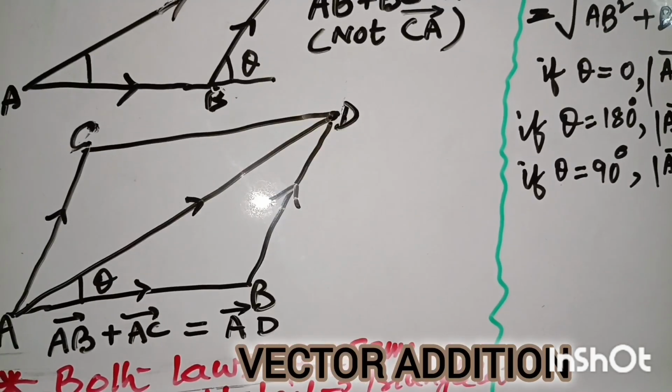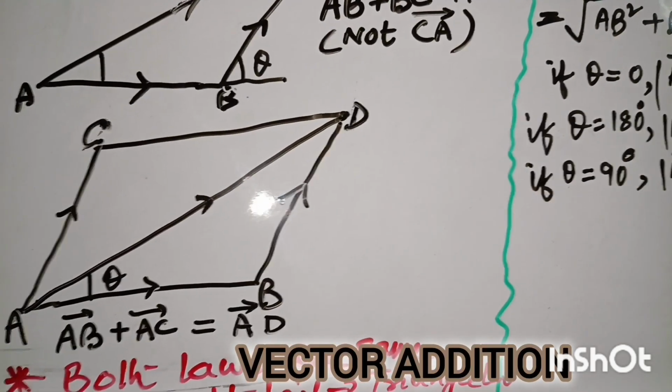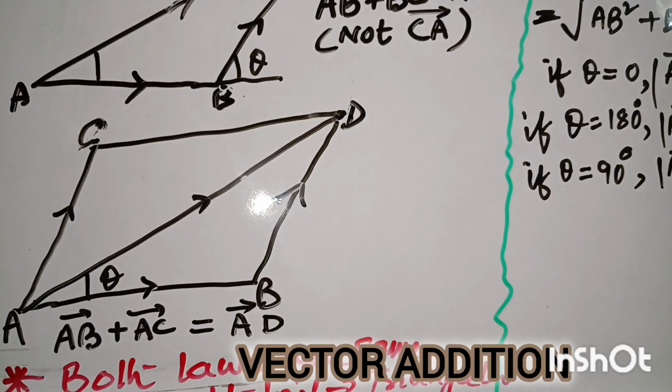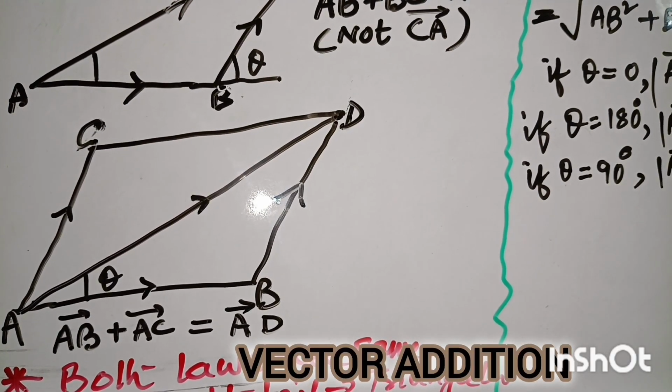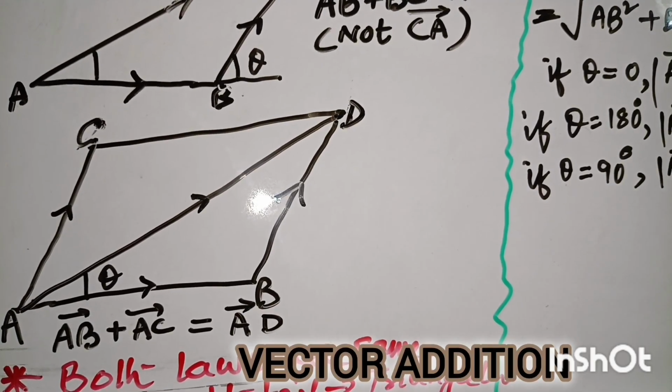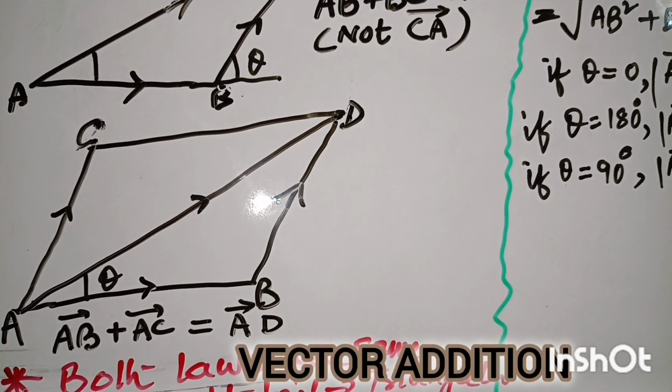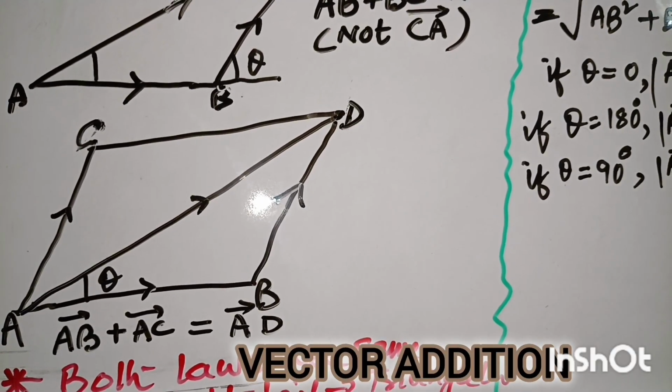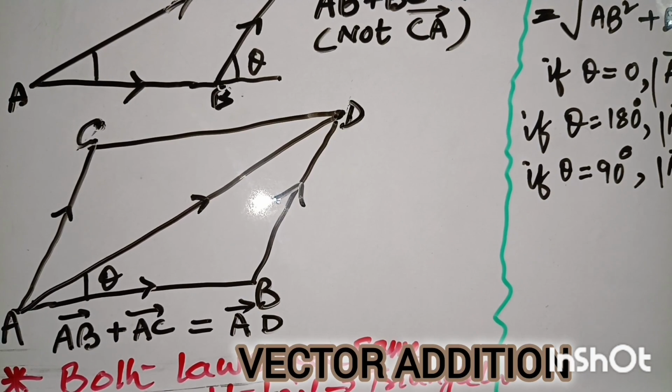Next comes the parallelogram law. It says if two vectors are represented by two adjacent sides of a parallelogram, then the diagonal passing through the point of intersection of the vectors will represent the resultant. Here AB and AC are not connected head to tail, they are connected tail to tail, and the diagonal passing through their point of intersection is AD.